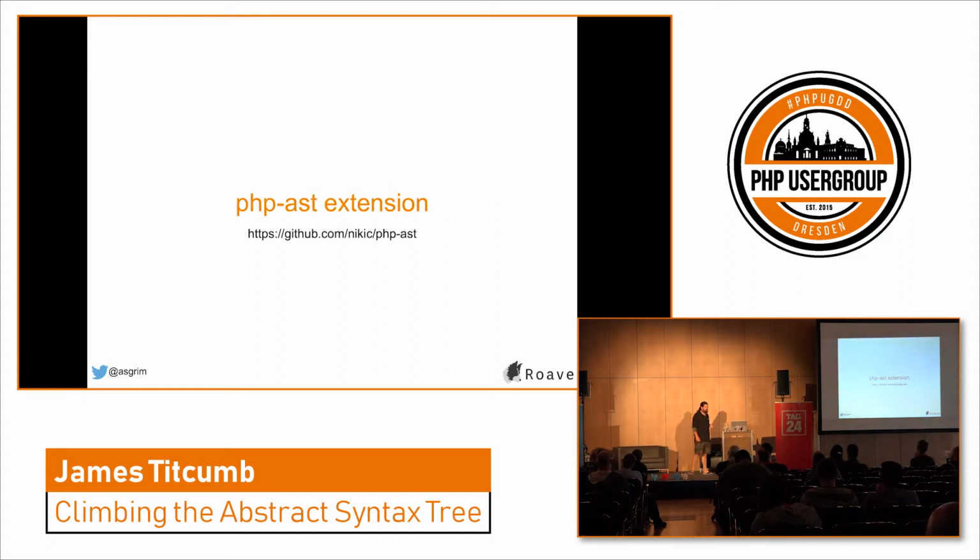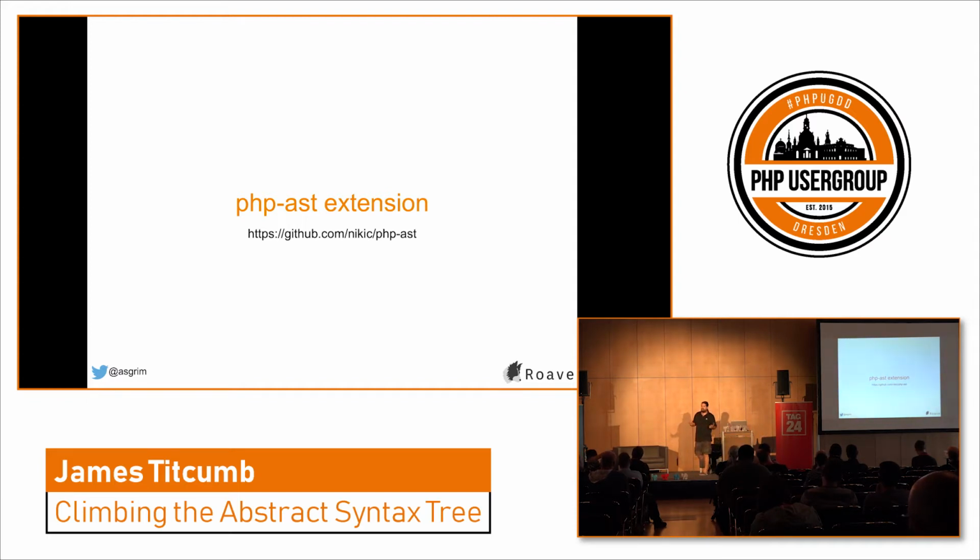Well, why do we want to do that, right? Well, have a look. Let's look at how first, and then figure out why we are doing this. For some of you, this may be obvious already, but anyway, PHP AST extension is, funnily enough, as the name suggests, an extension for PHP that gives you the AST. It exposes the AST to userland.